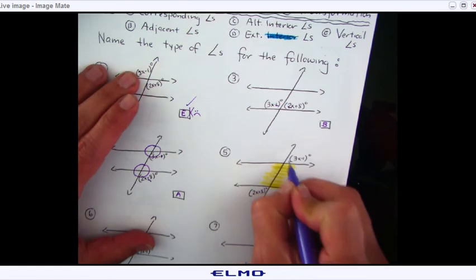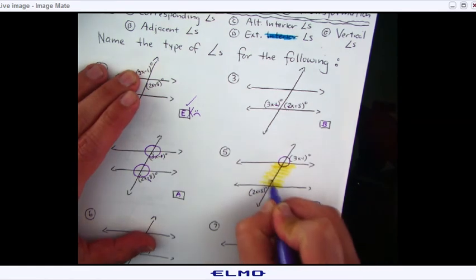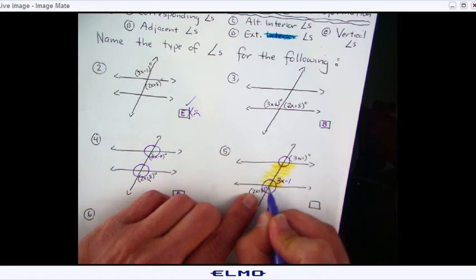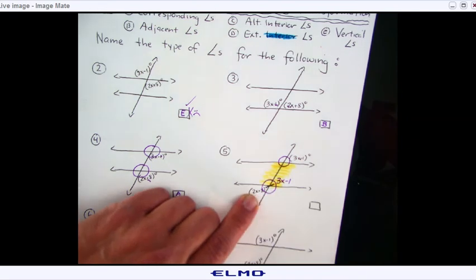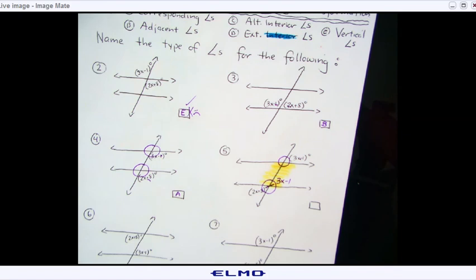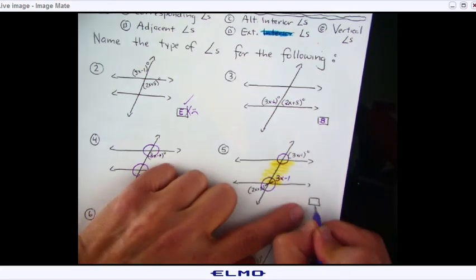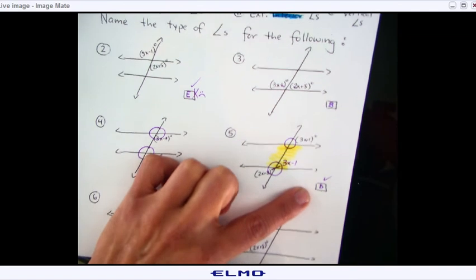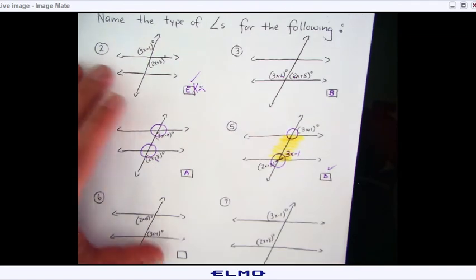But again, if you draw two circles, this 3x minus 1 will land right there. So they're across, right? So it's not vertical, they're alternate exterior. So that's letter D. So if you got it right, put a little check. If you got it wrong, so I could see that you understand your mistake. All right?